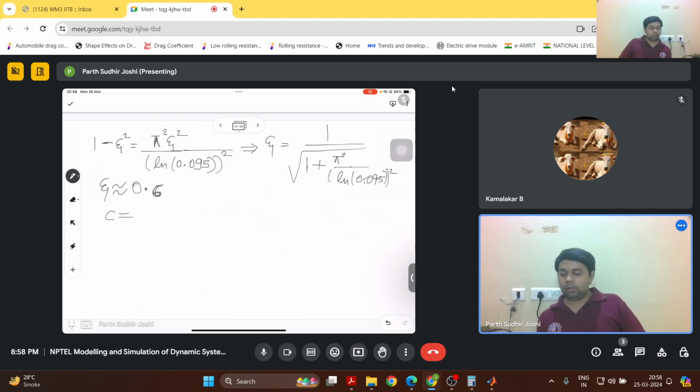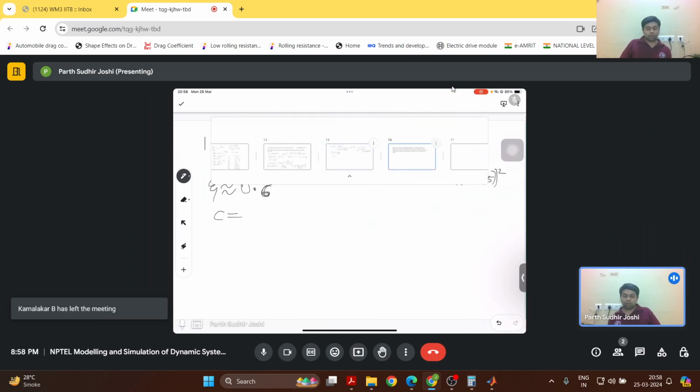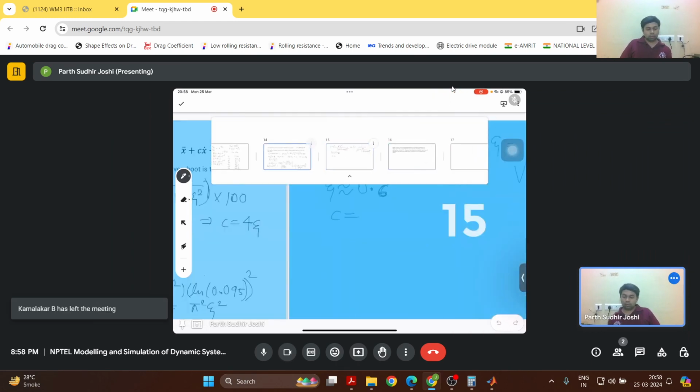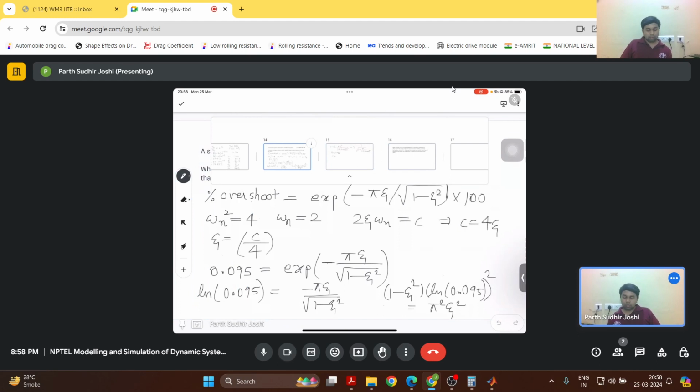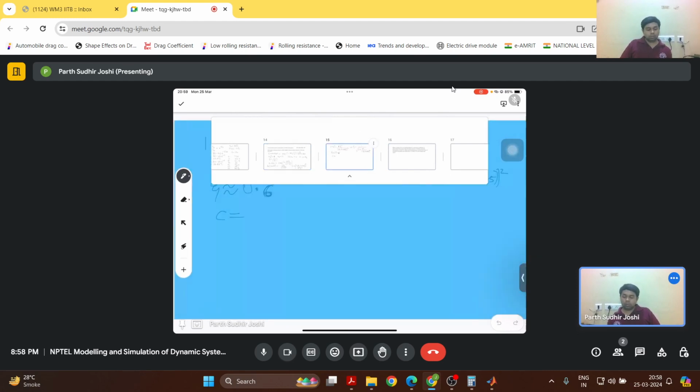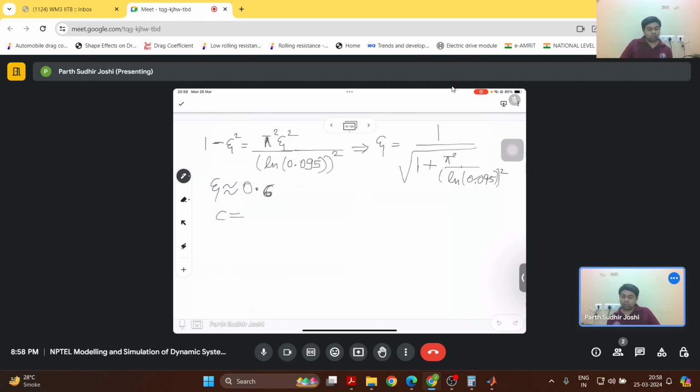So then we had C is equal to 4 zeta, so it will be around 2.4.